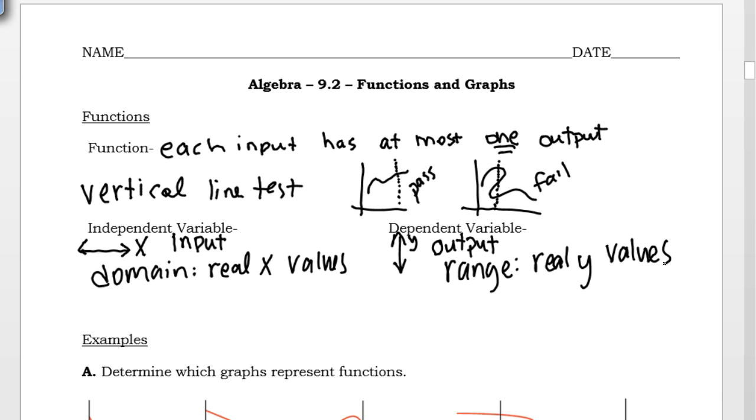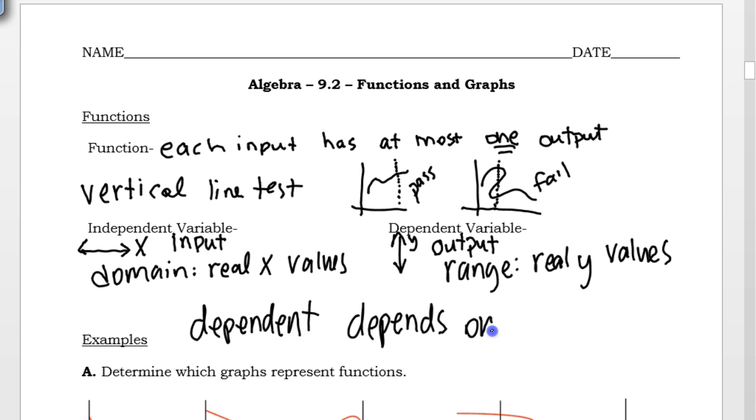We say that the dependent variable depends on the independent variable. So we can tell which one goes on which axis.